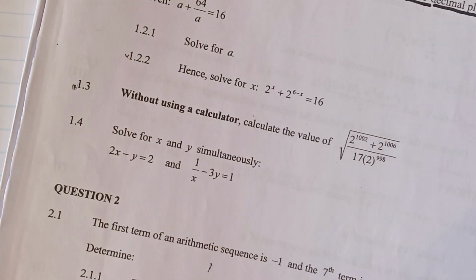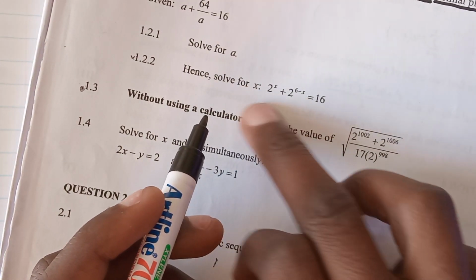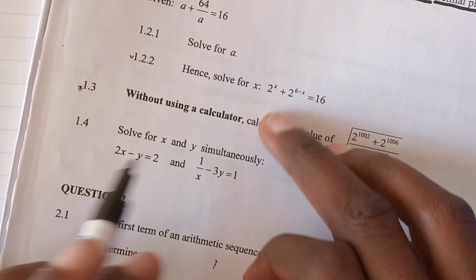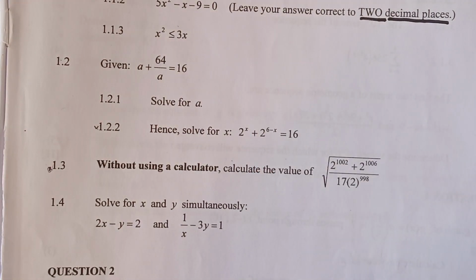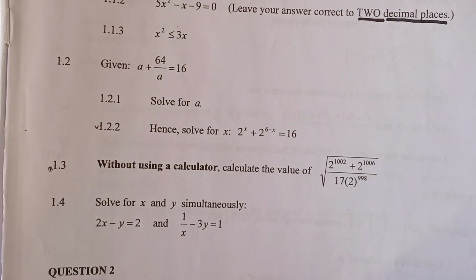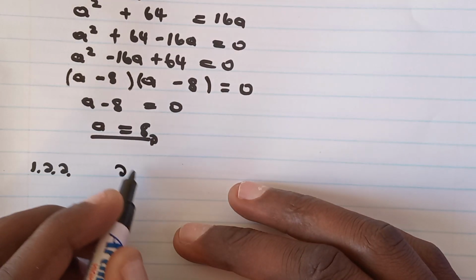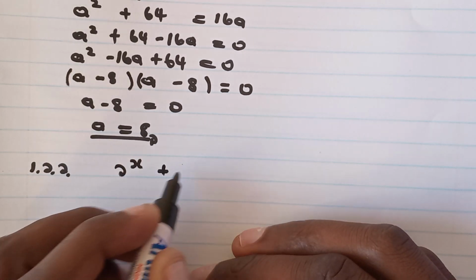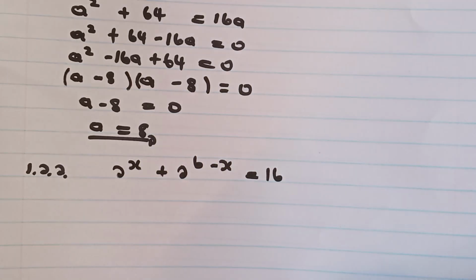So in this question, hence solve for x. Here they ask us to solve for x now. 2 to the power x plus 2 to the power 6 minus x is equal to 16.